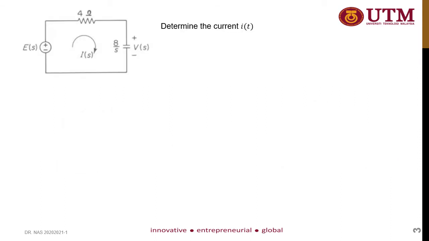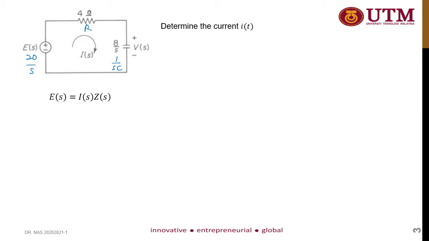Okay, let's determine the current i(t). From the S equivalent circuit that we have developed earlier, here E(s) is 20 over s, and then I(s), this is 1 over sC, and then R stays as it is. In order to solve this, we know that E(s) equal to I(s) multiplied with the total impedance.